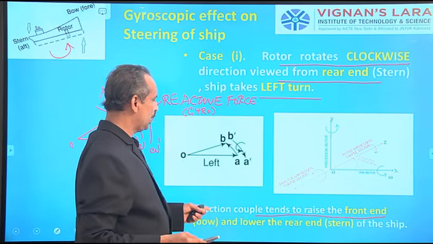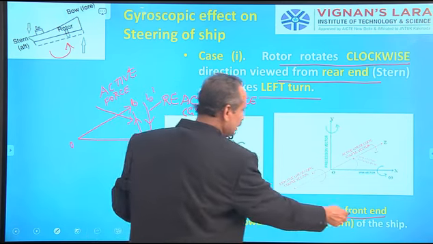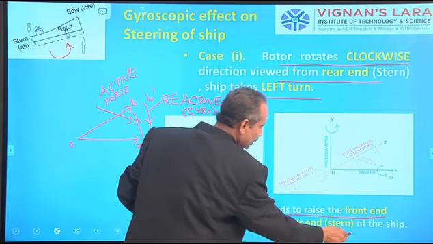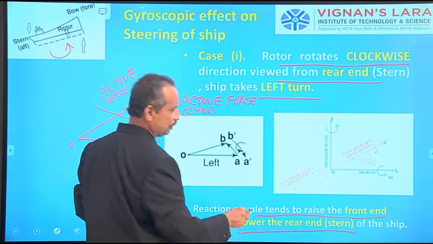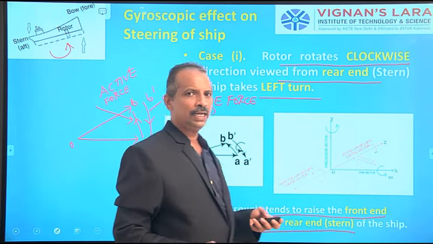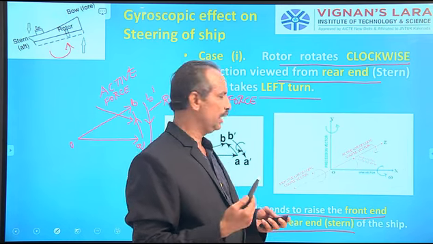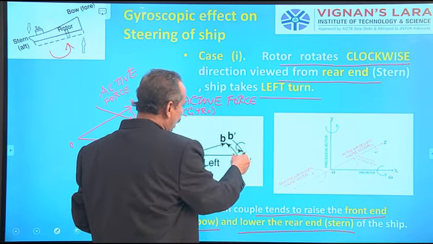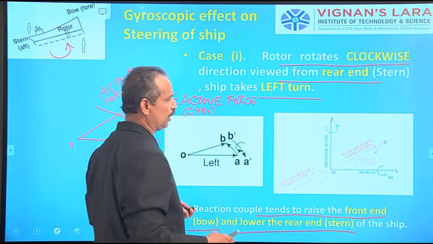This reaction couple tends to raise the front end, which is called bow, and lowers the rear end called stern. So the front end is raised and the rear end is depressed.